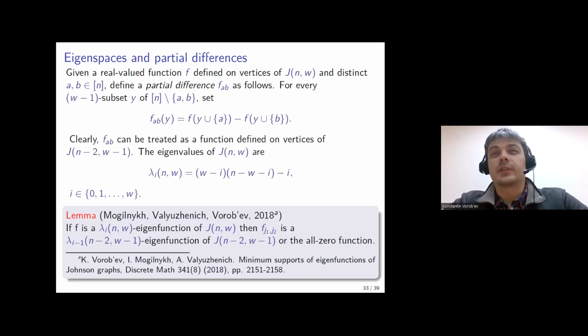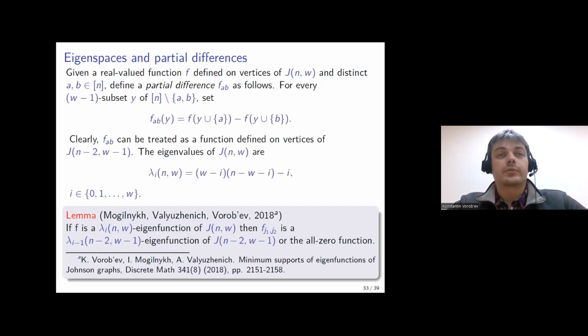For every (w minus 1)-subset Y, FAB of Y is equal to the following difference. So we have some function in the Johnson graph J(n,w), and after this procedure, we have a function defined on vertices of a smaller Johnson graph, J(n minus 2, w minus 1).